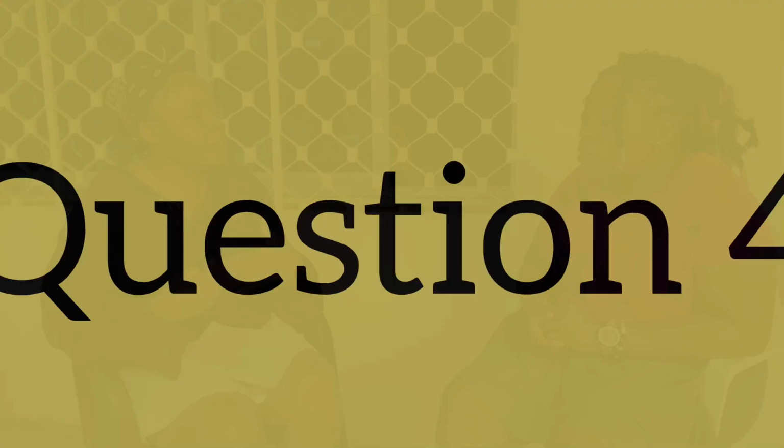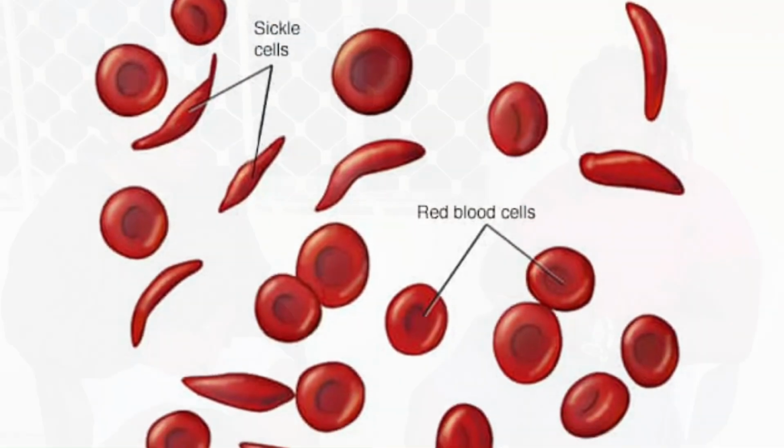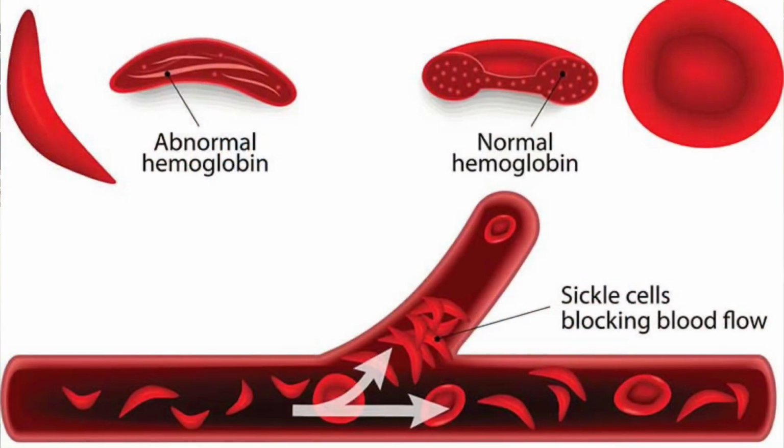They're always in pain. How does this pain happen? Okay, as I've said previously in the definition of sickle cell disease, this mistake causes the red blood cell to be rigid. So when the red blood cell becomes rigid, blood does not go to the further areas of the body.